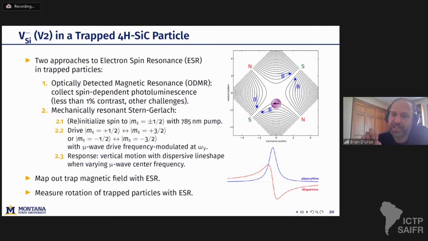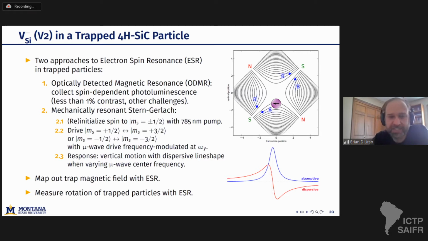If everything works out, if you try different microwave carrier frequencies, you'll see a dispersive line shape of the mechanical response of the particle as you scan through the ESR resonant frequency. So we're going to be looking for a mechanical response in the particle as we go through the ESR resonance.